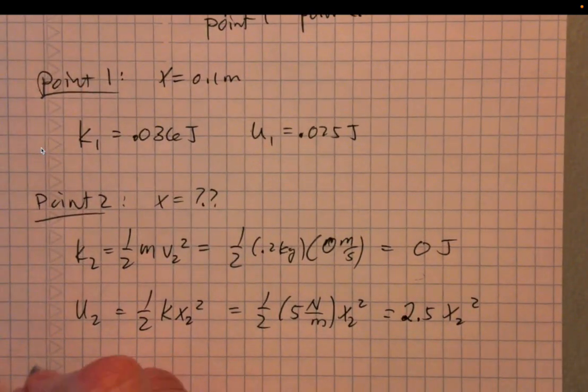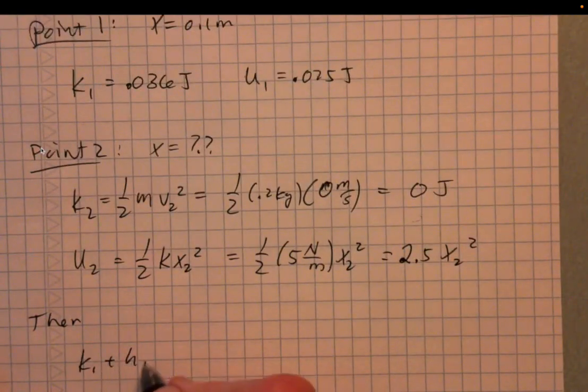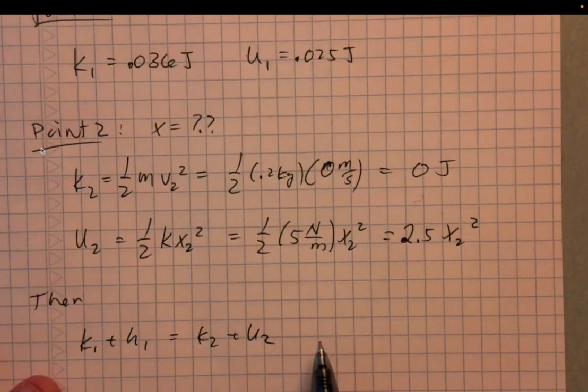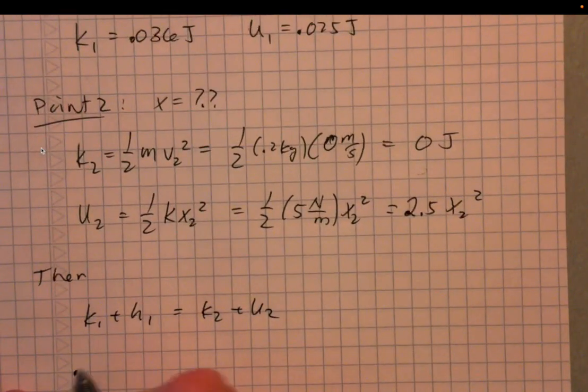Then we just set this up: K1 plus U1 equals K2 plus U2. We really need to solve in this case for U2, but let's just plug in the energy quantities.